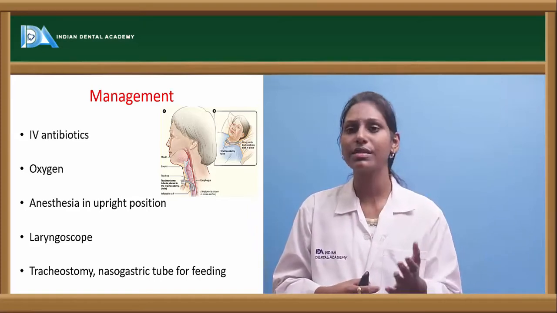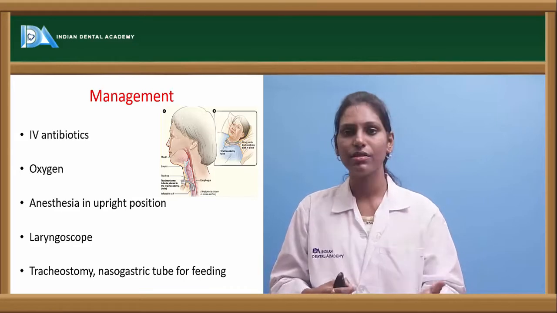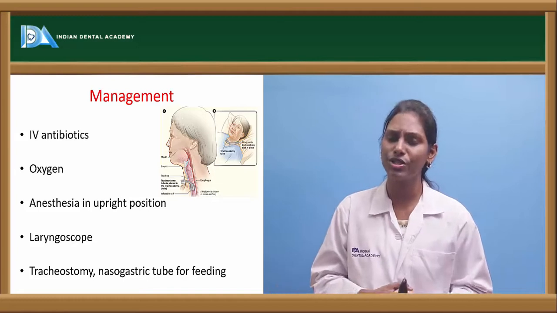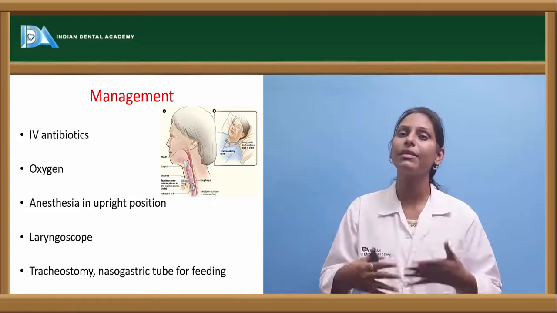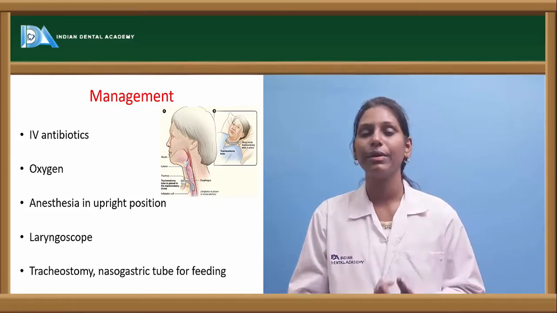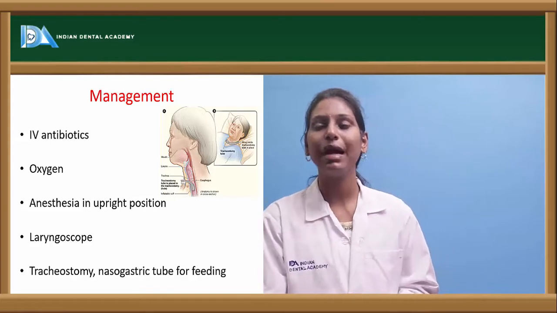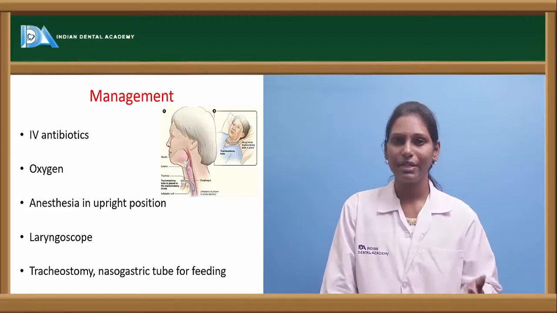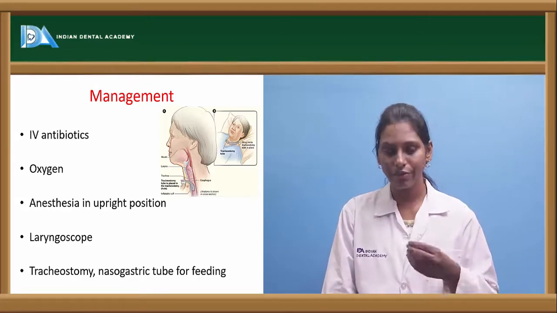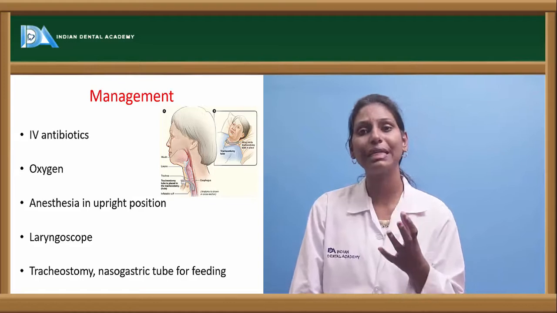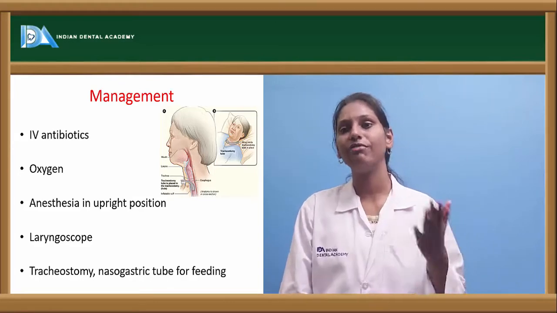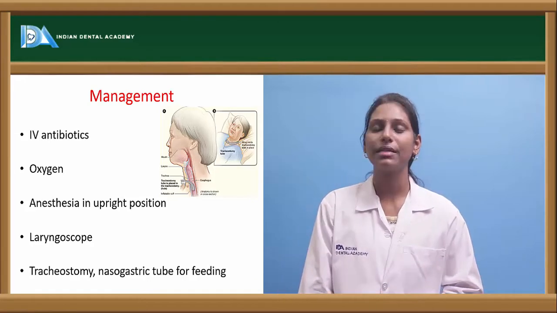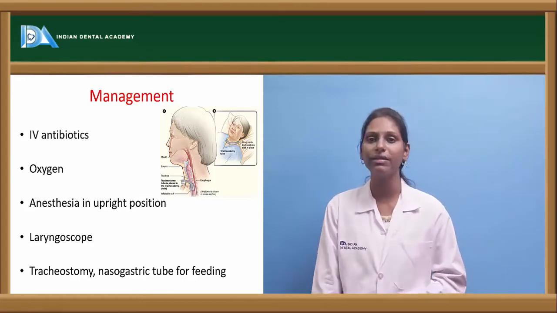Anesthesia has to be given in the upright position, because when the patient is sleeping there will be more dyspnea and more airway obstruction. If we are not completely convinced with the diagnosis from the radiograph, we go ahead with laryngoscopy. Tracheostomy and nasogastric tube feeding have to be done in very severe cases.